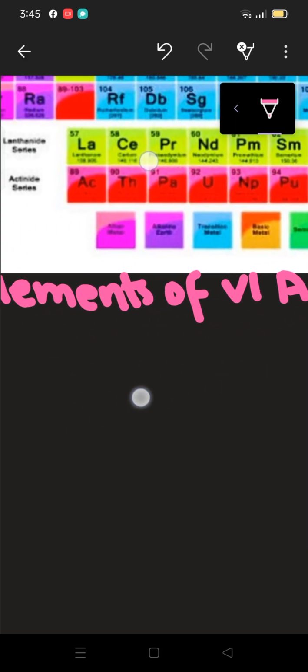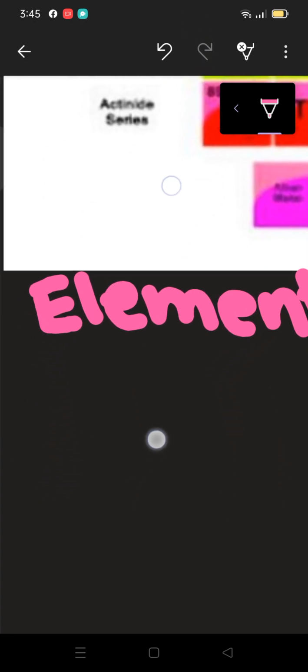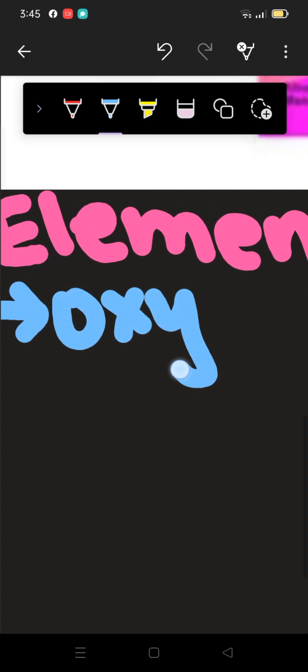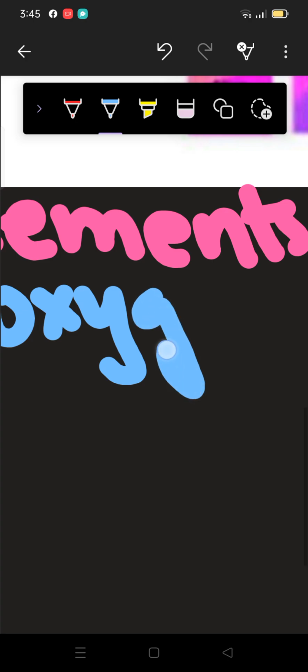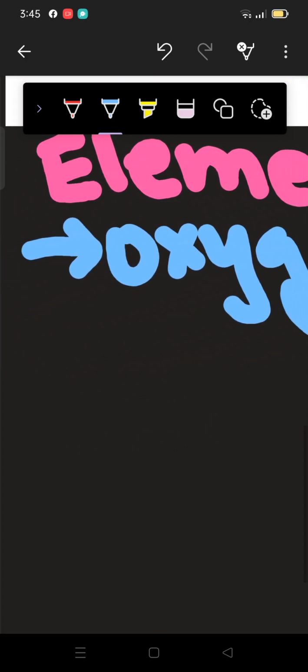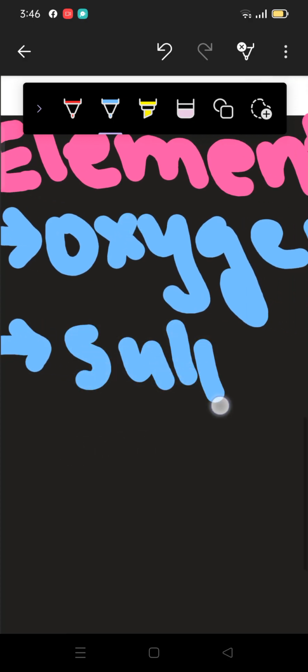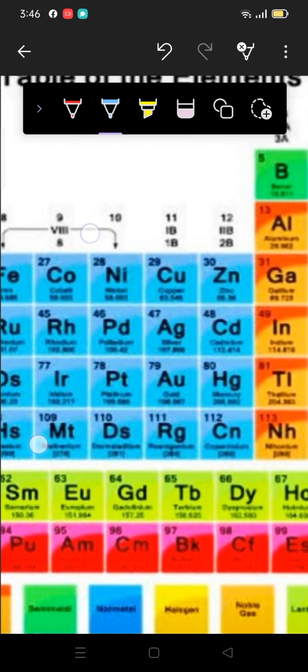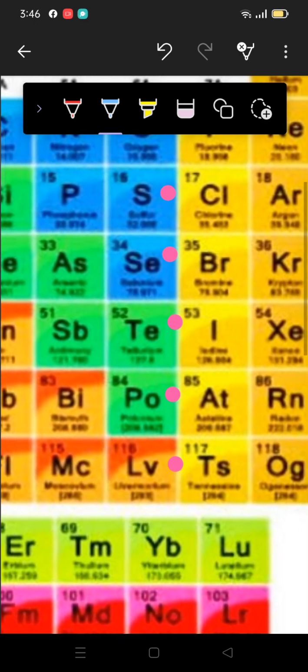First we do have oxygen. Alright, so let me change the color. First is oxygen. Second we do have sulfur. So let's see what we have as the third element. That is selenium.